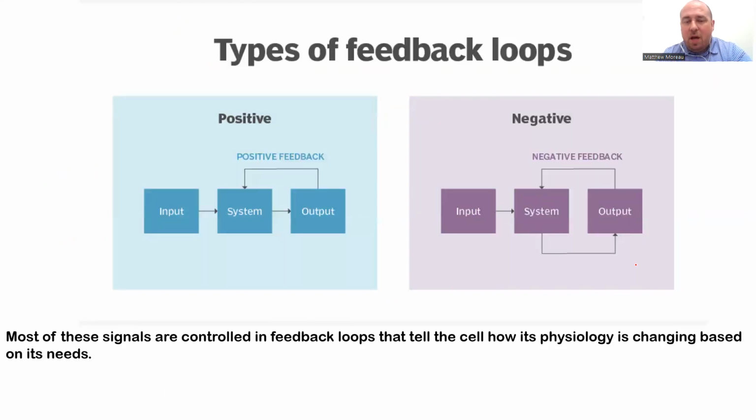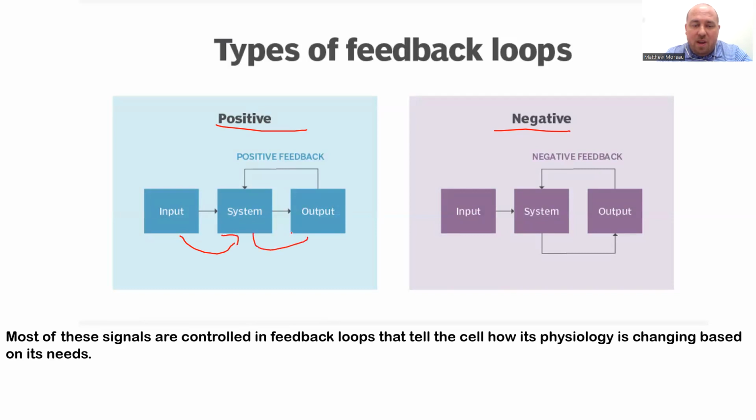So one of the very common systems by which these genes are regulated are through feedback loops. So the activation or inhibition of most regulatory proteins have to do with different kinds of feedback loops. So those signals from what the cell needs versus what the cell has access to, environment versus intracellular signaling. And so there are two types. There are positive feedback loops and negative feedback loops. In the positive feedback loop, you have an input into the system.